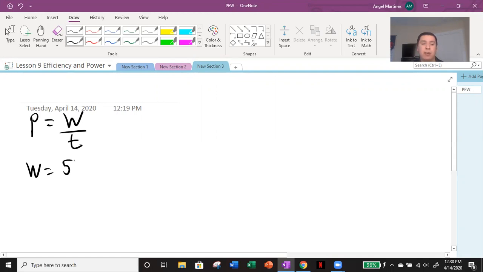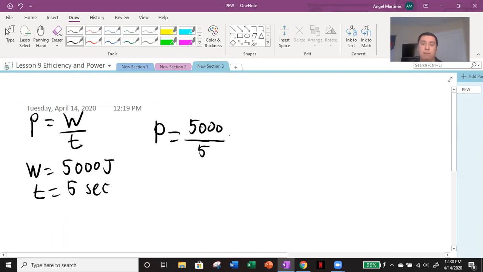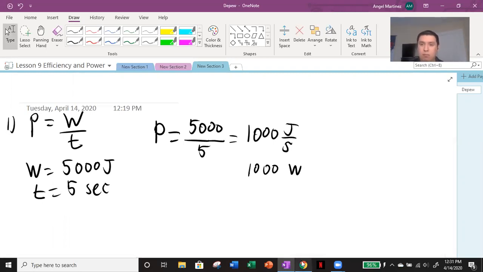So if we do 5,000 joules, it said, and then in 5 seconds, all I have to do is plug it into the equation. P equals 5,000 divided by 5, which is pretty simple. That's 1,000 joules per second, or 1,000 watts. That's it. It's pretty simple.